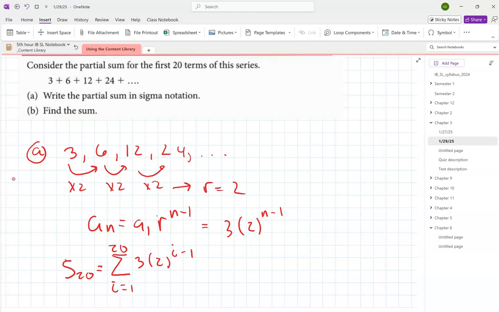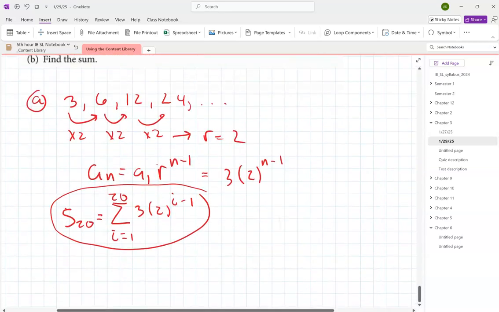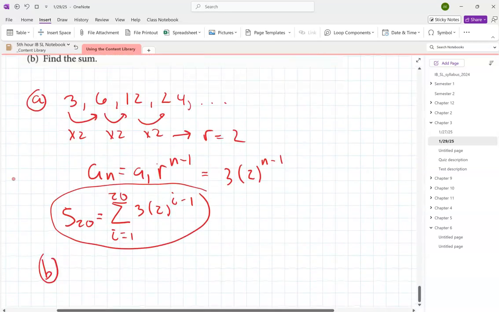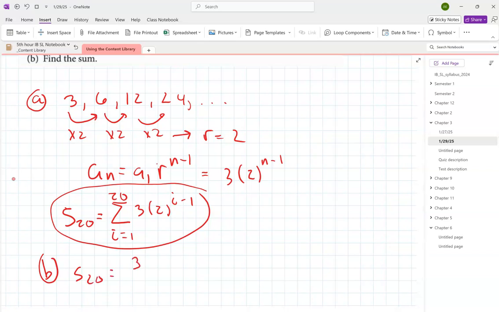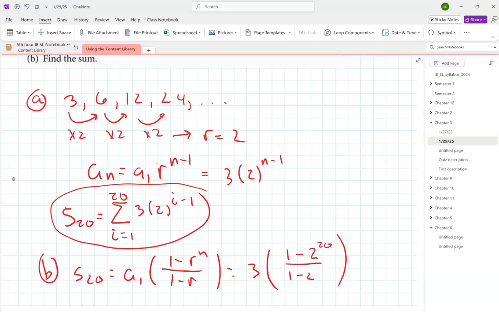And then part B says to find the sum. So that's going to be the first term. Let's write it out. So the first term is 3, the r is 2, and the n is 20. So I'd write that.